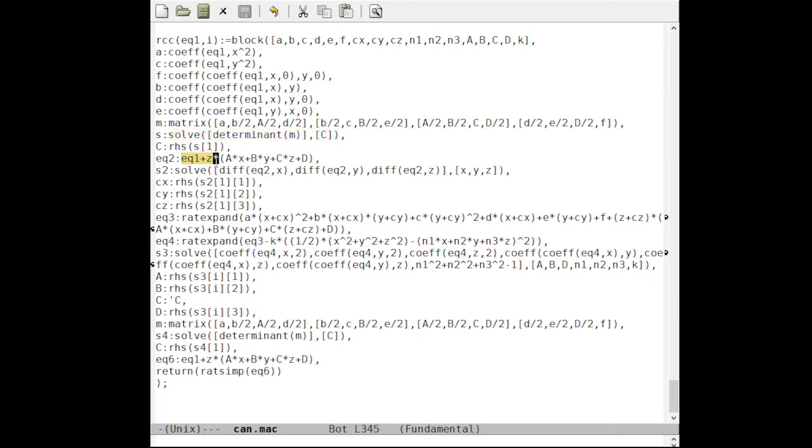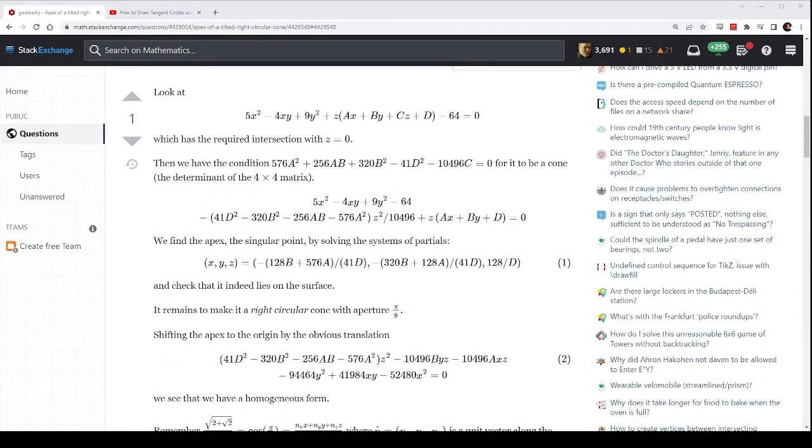And we get, as in the post here, the equation and something that involves A squared, AB, B squared and D squared, and said A, B, D.